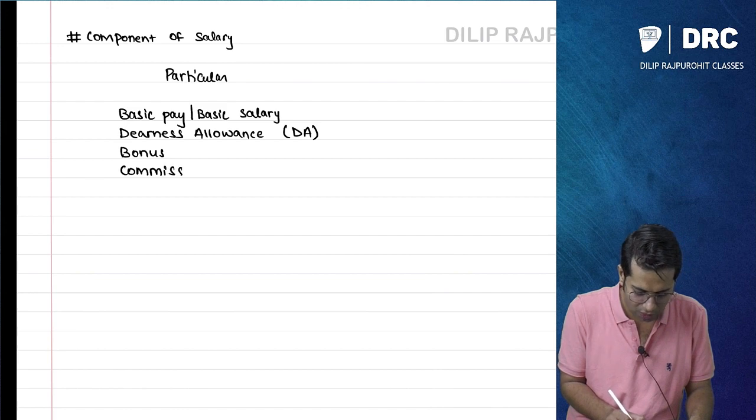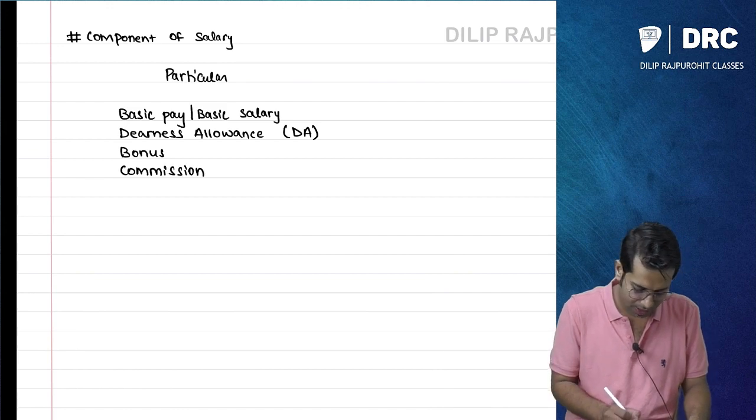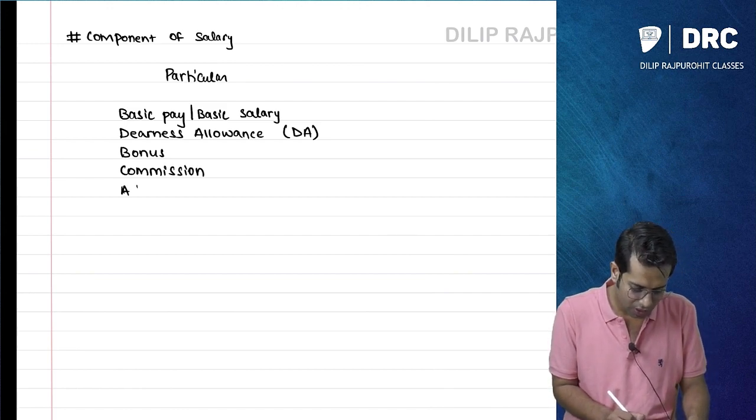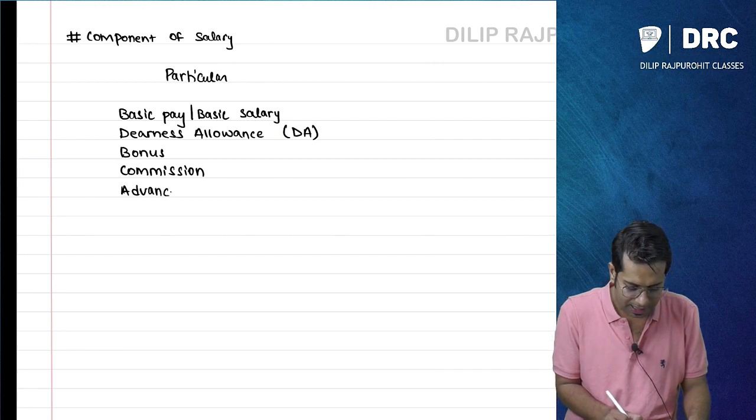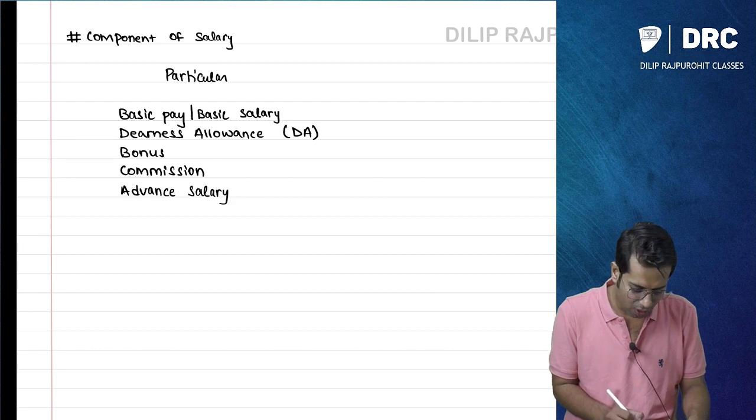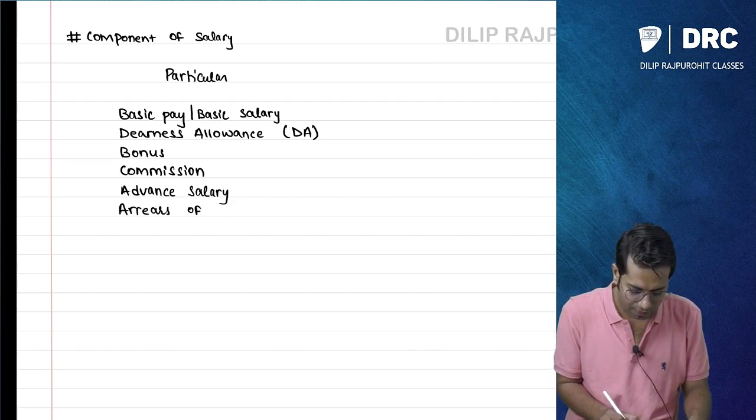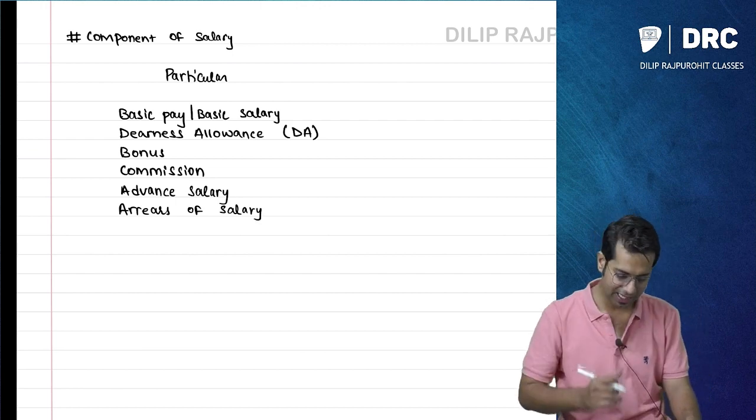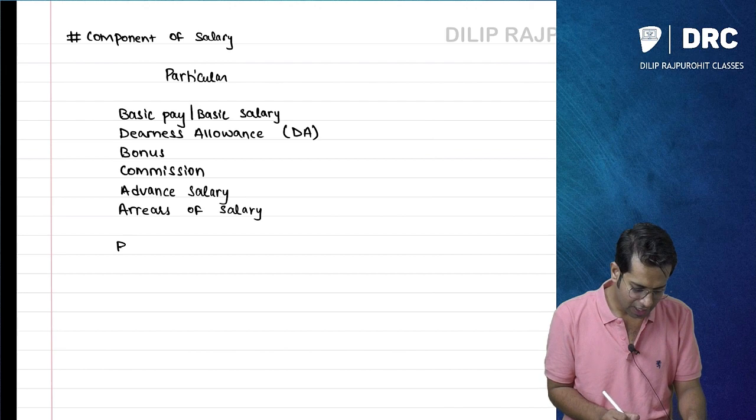So the next component is commission. Then salary also includes advance salary. Salary also includes arrears of salary, also called arrears salary. Then salary also includes something called retirement benefits.